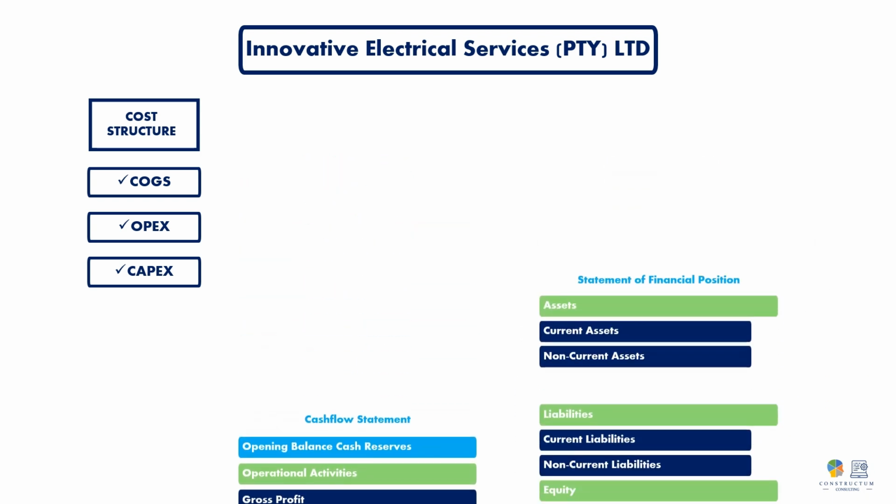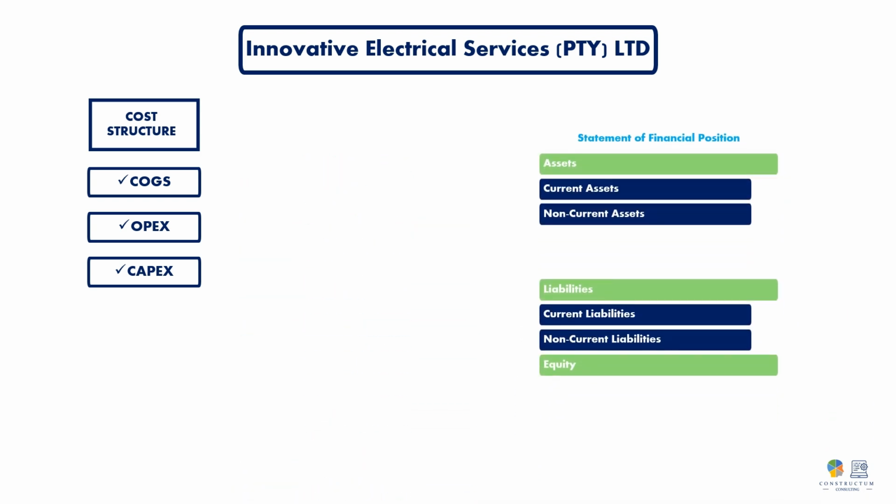Thereafter, Karel must decide what fixed and operational assets the business will need to operate and what method of funding will be used to acquire the assets. First, he makes a list of all the fixed and operational assets with their values to be included in the statement of financial position under non-current assets.